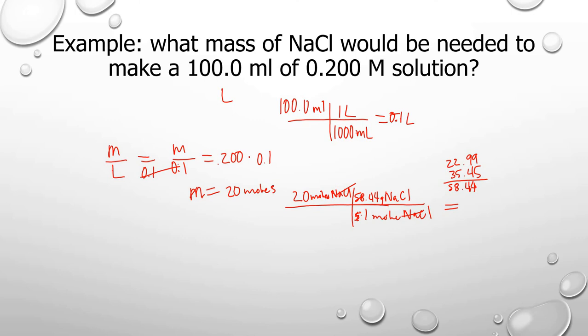So 0.2 times 0.1 should be 0.02 moles. And that's because that is a 0.2, right? Yeah. And then 0.2 times 0.02 times 58.44 would give you 1.17 grams. Yep, so 1.17 grams. Is that what you got?